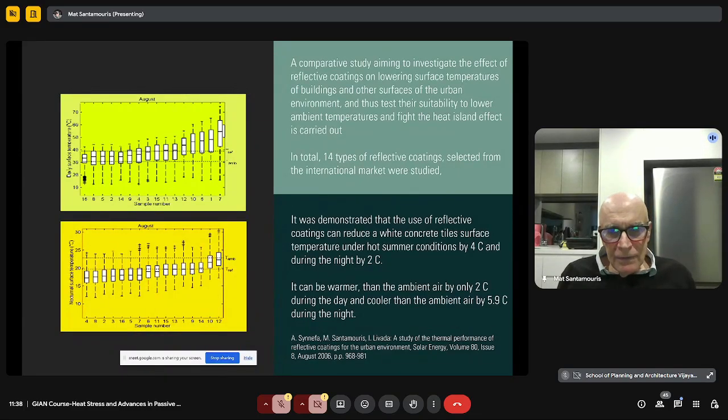So for camouflage or military purposes, we use low emittance materials because we don't like to be detected by the satellites or by other monitoring equipment.